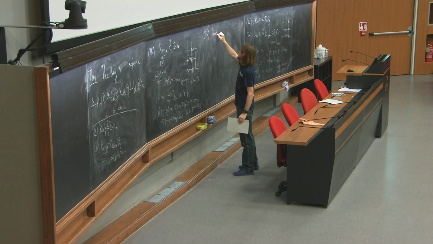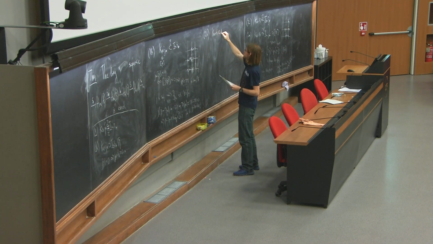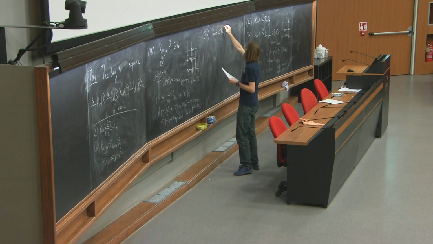The kernel of delta is inside the image of j star.